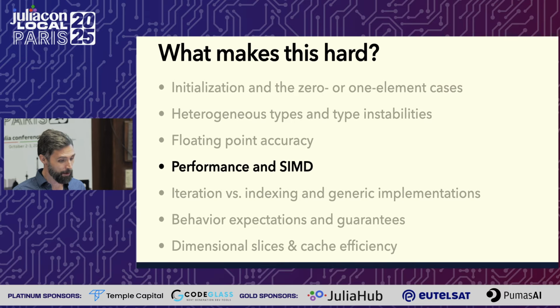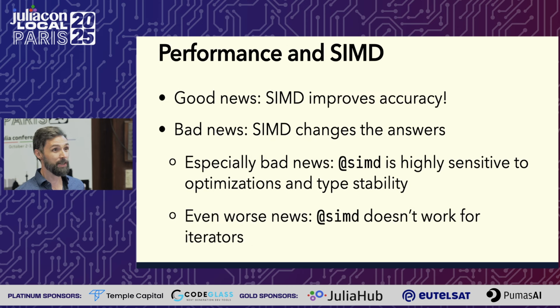Let's talk a little bit more about performance and SIMD in particular. The good news is SIMD improves floating point accuracy. It rearranges things. Instead of just adding one bucket, you have multiple buckets that all get added together, and then you add all those buckets together at the end. The bad news is that it changes your answers, right?